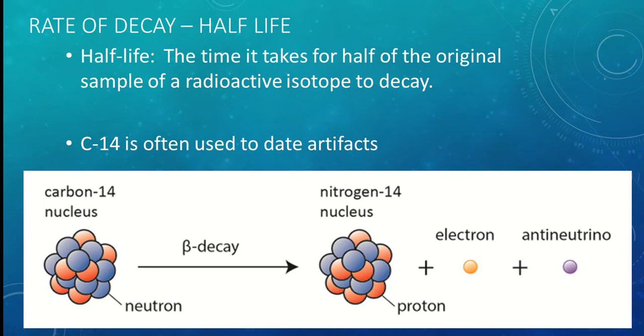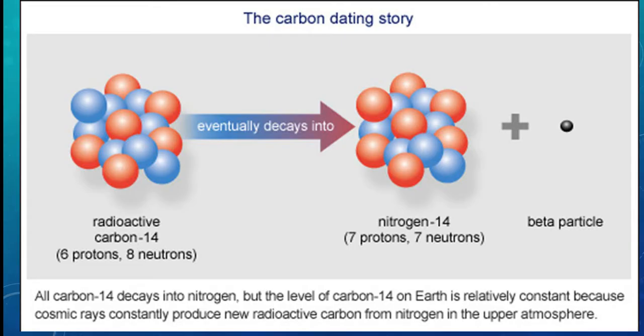The carbon would be in it, and we would look to see how much of the carbon-14 is still there. I know the half-life of carbon-14, and I can then make estimates about how old the specimen might be. So if carbon-14 decays into nitrogen, let's see, that doesn't tell me here what the half-life is.